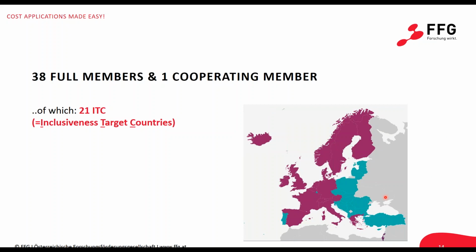Just a short info for you where this comes from, because it might be irritating: COST has been promoted as a very open networking program, and those of you who might have known it before know that this was not always like that. There was not always this quota, but it's actually the case that COST is funded 100% out of Horizon 2020. And 50% of those is coming from the widening pillar.